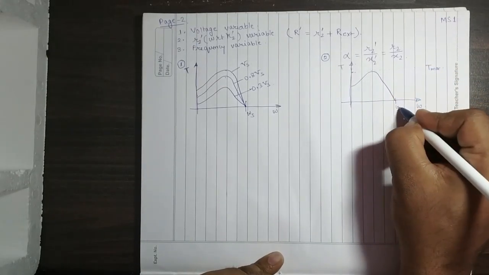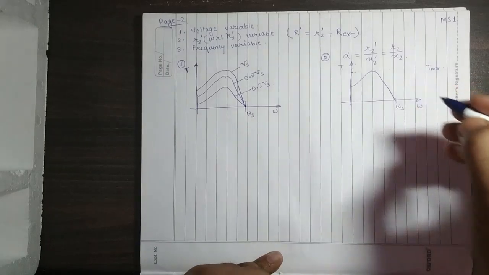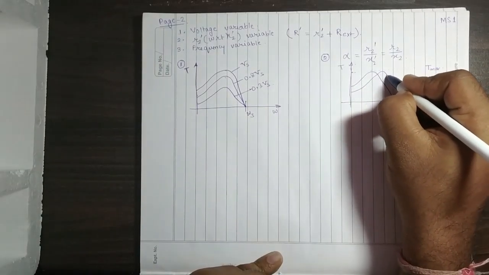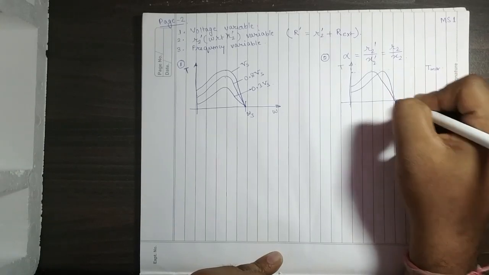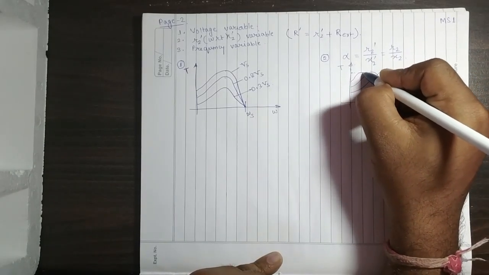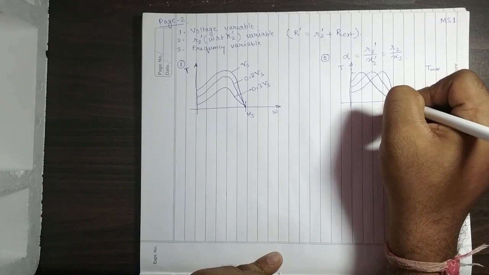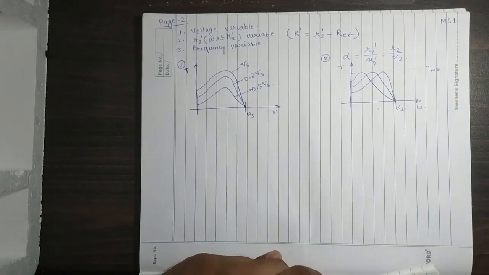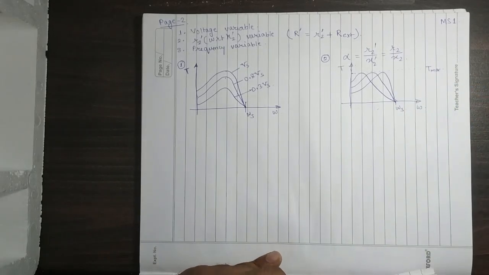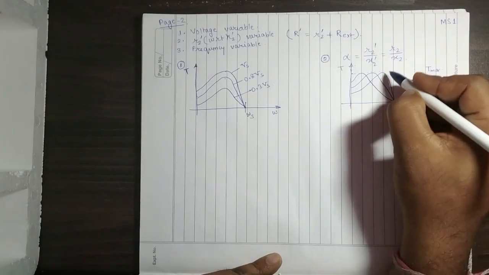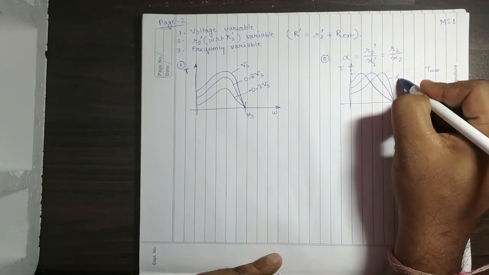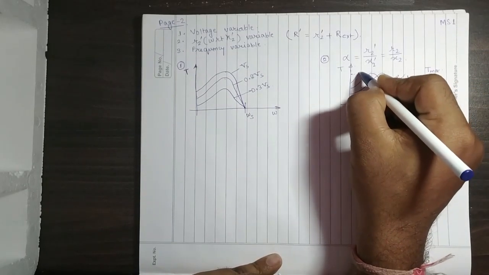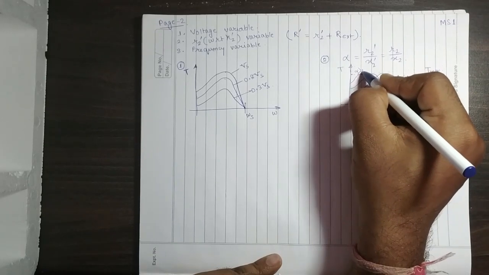So this is omega s. This one is where alpha is less than 1. This one is when alpha is greater than 1.